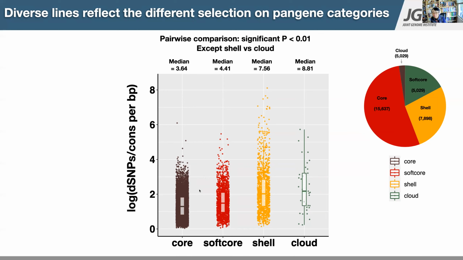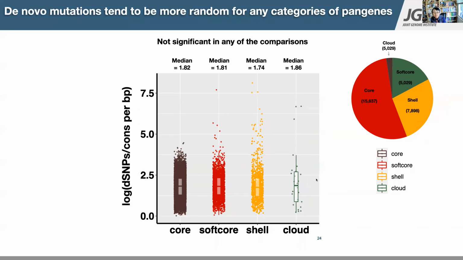Core genes tend to be more conserved and they experience more stringent purifying selection, so most of the deleterious SNPs could be purged, but the opposite holds for the cloud genes. In the mutant lines, we see there is no significant difference in deleterious SNPs among the categories of pangenes due to the lack of natural selection.